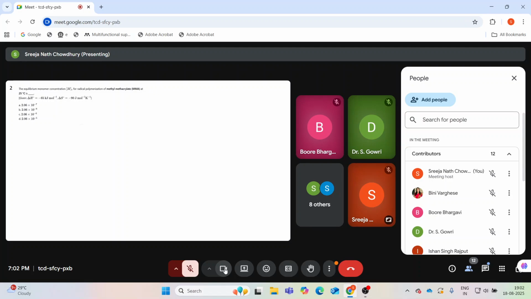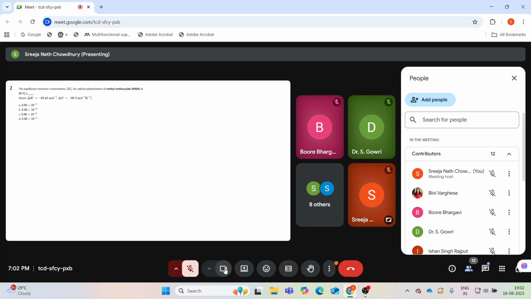Delta H is your given value. R will be 8.314 and your T in Kelvin will be 298. Minus delta S will be minus 90 and R is equals to 8.314.